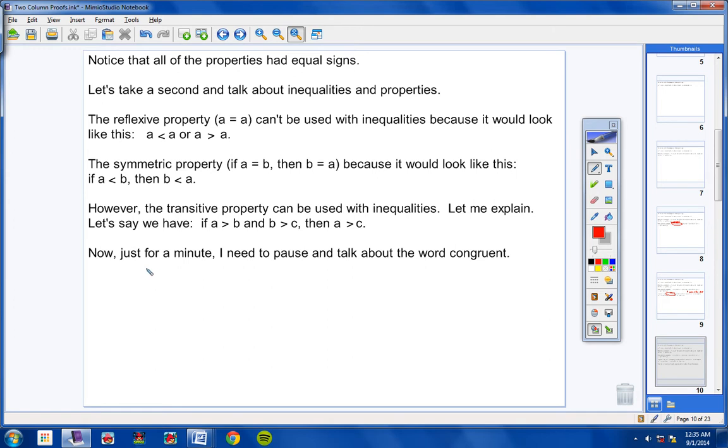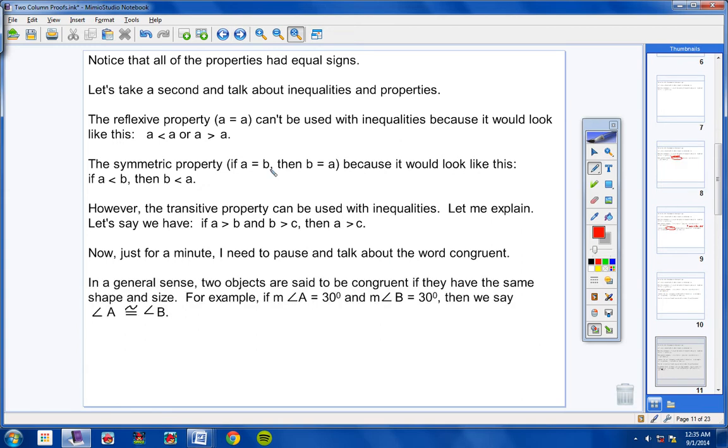Now, just for a minute, I need to pause and talk about the word congruent. And I will tell you when I need you to write stuff down. In a general sense, two objects are said to be congruent if they have the same shape and size. For example, if the measure of angle A is 30 degrees and the measure of angle B is 30 degrees, then we say angle A equals angle B. Well, usually we say the measure to be proper.